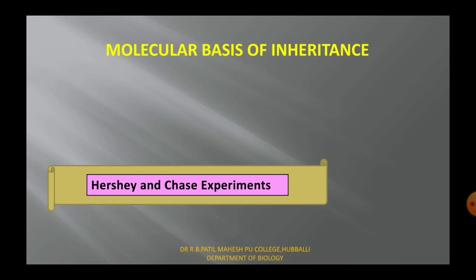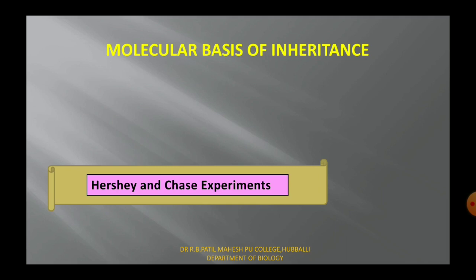In the last session we discussed two experiments to prove DNA is a genetic material. One, Griffith's transforming principle, and second, the biochemical characterization of the transforming principle, commonly known as Avery's experiment.